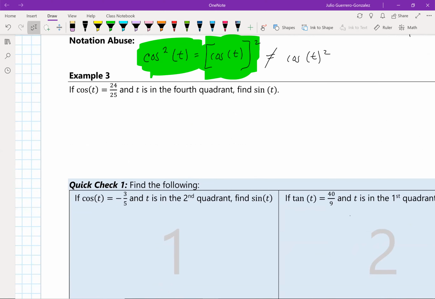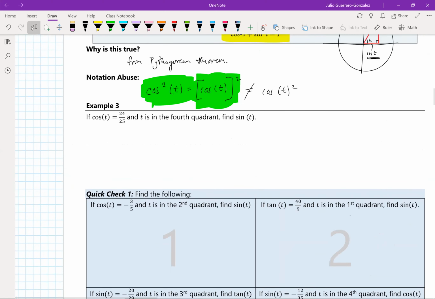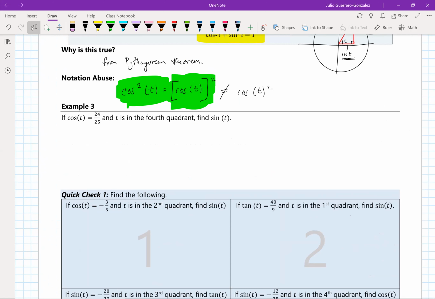Okay. So here we go. We're getting down to the point where we can find either sine or cosine knowing the other one. Does that make sense?